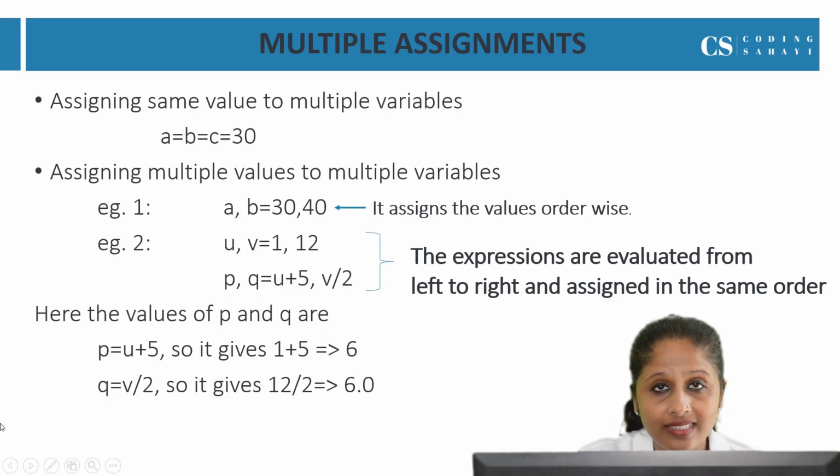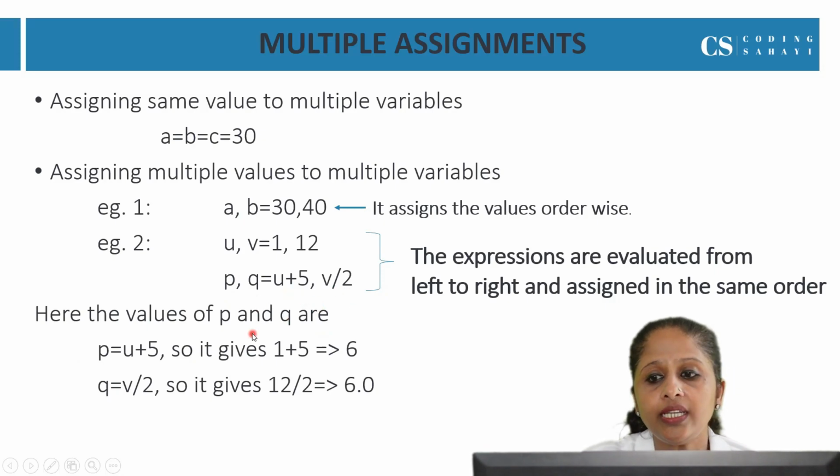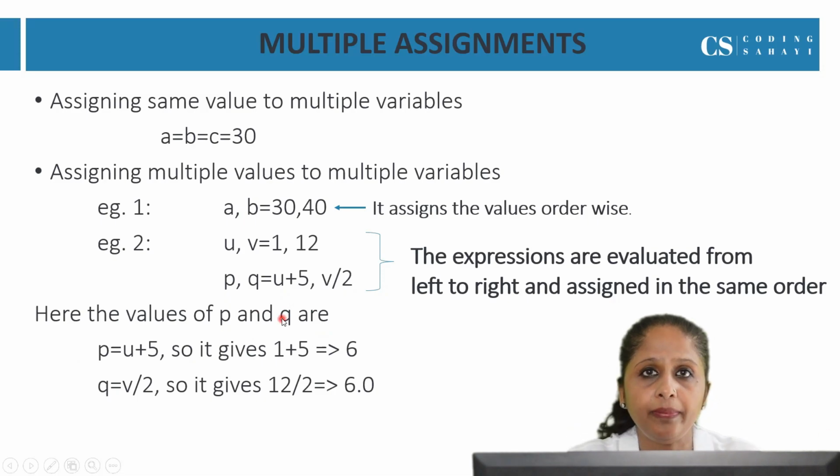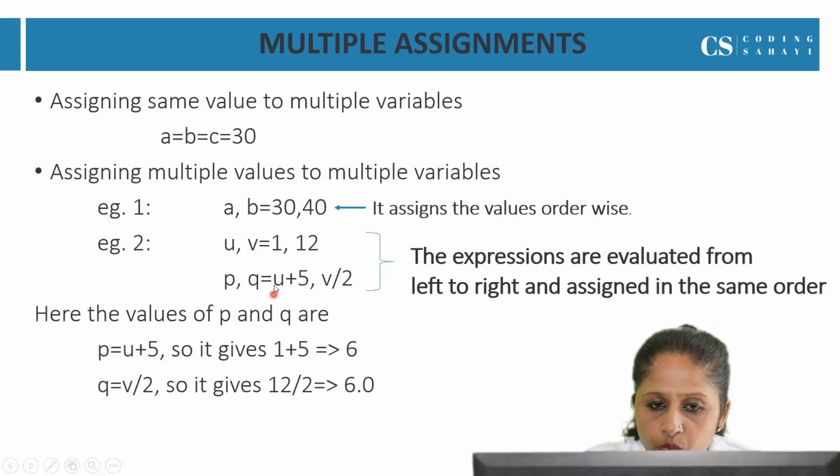Here you have to understand one thing about the expressions. Here we have two expressions, u plus 5 and v by 2. The expressions are evaluated from left to right, and after executing the expressions, the results will be assigned in the same order. In this case, first u plus 5 will be executed. What is the value of u?